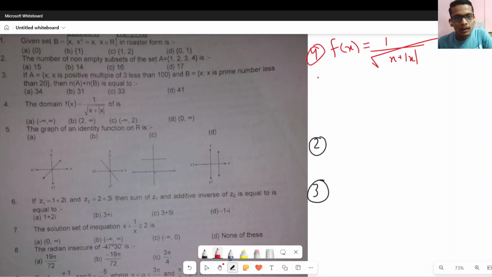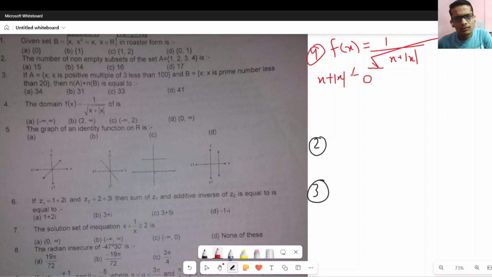As we know, first of all, x plus modulus of x will never be less than 0, because the thing inside the square root cannot be less than 0, and the denominator itself cannot be equal to 0.